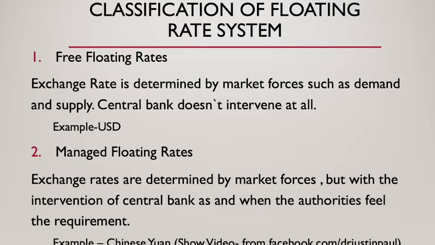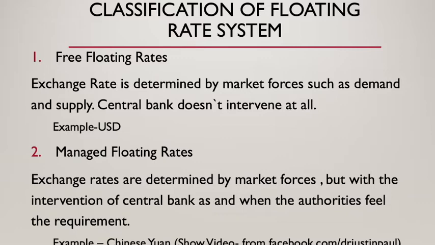But the Chinese central bank, the People's Bank of China, uses its discretion. Suppose they think that their exchange rate should not fluctuate beyond a limit, then they will monitor it and they will not let the exchange rate move in a direction they don't like.